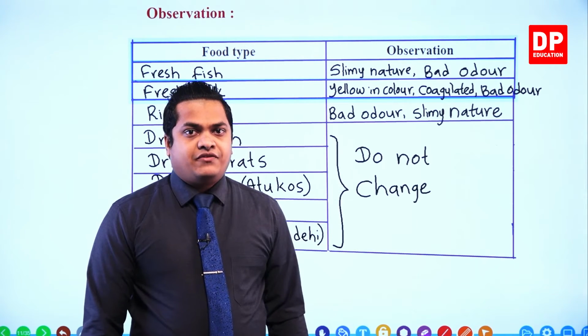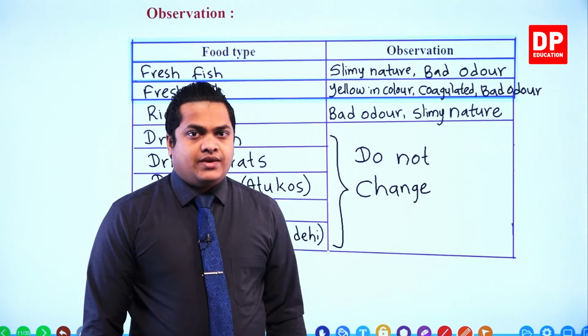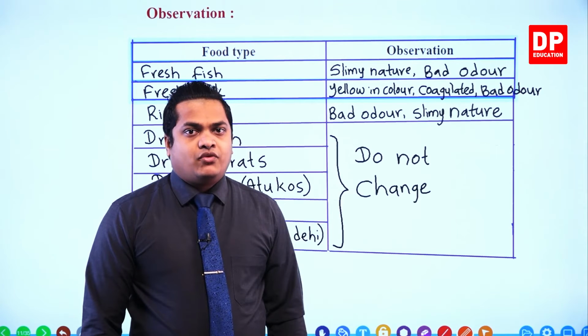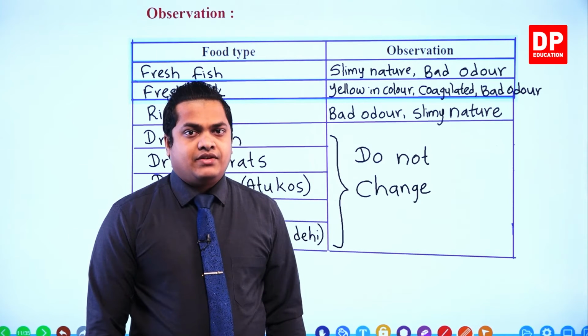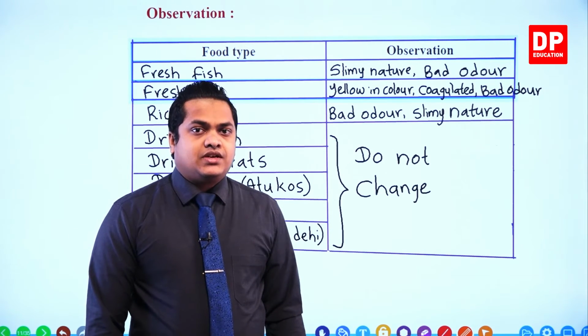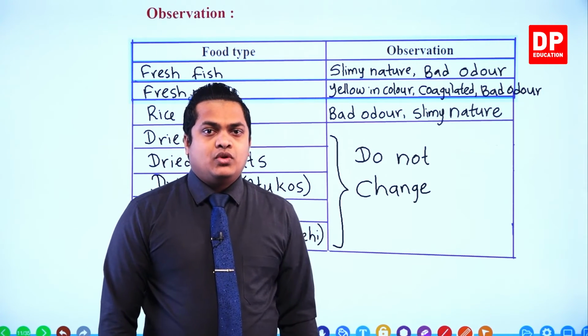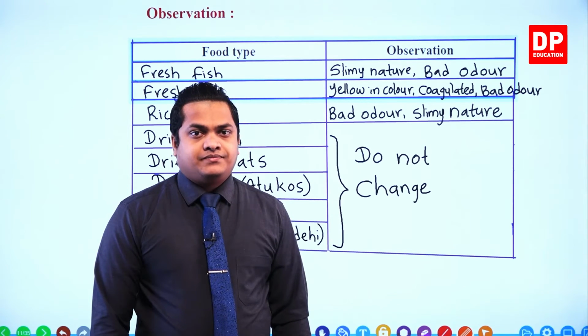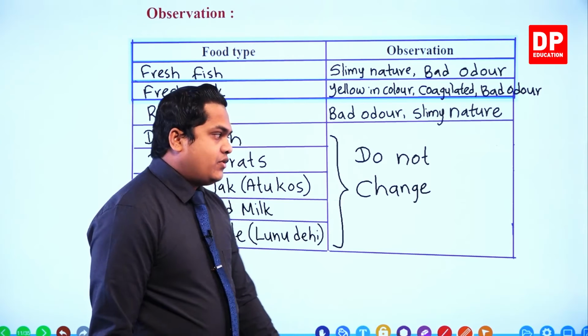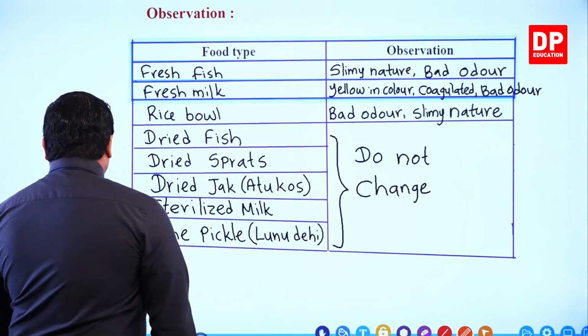Preserved foods are not getting spoiled quickly, but if foods are not preserved, then they spoil very quickly in the environment. So that's the conclusion that we can come to from this activity.